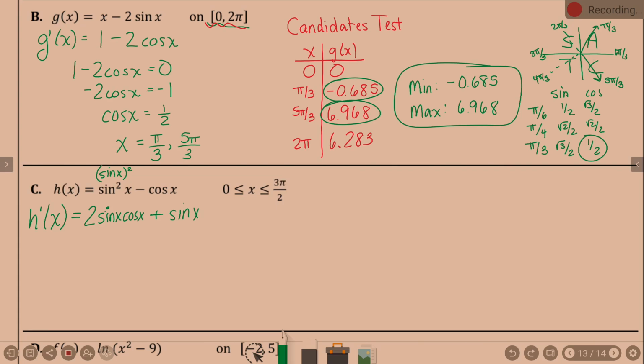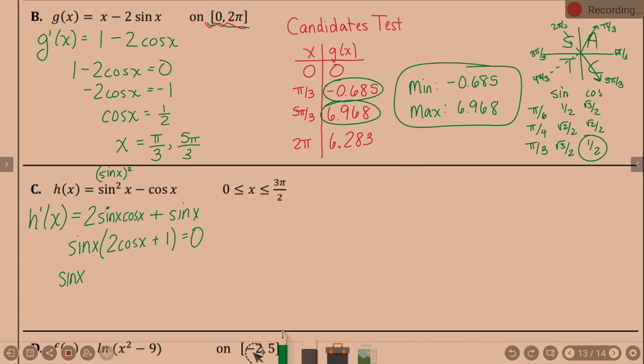Okay. Set this equal to 0. And what do you see we can do here? Factor out a sine x. So sine x times 2 cosine x plus 1 equals 0. So just set each factor equal to 0.